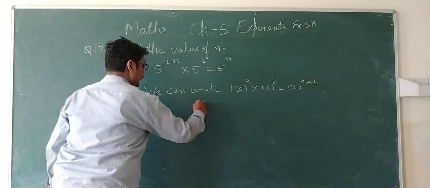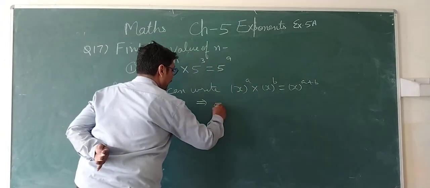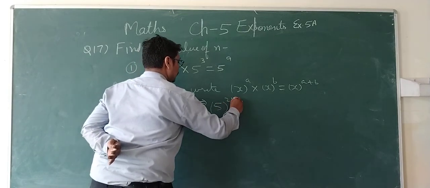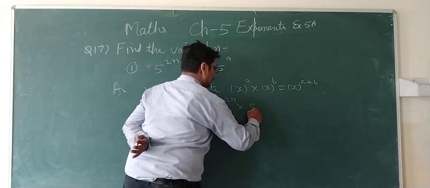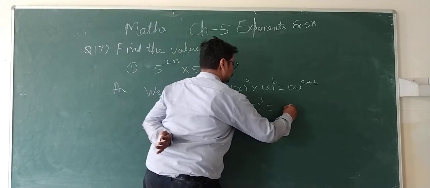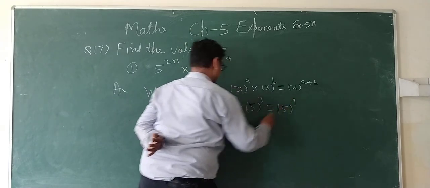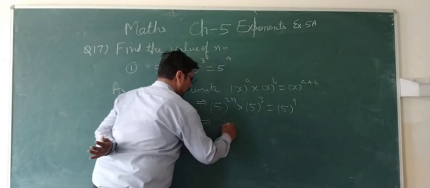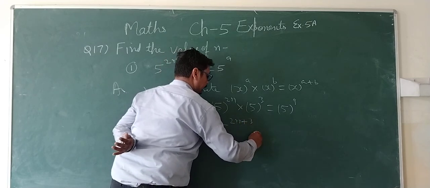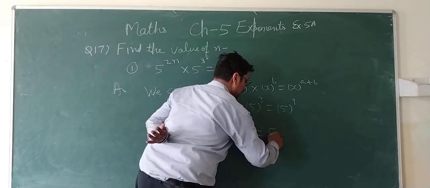So we can write 5^(2n) × 5^3 = 5^9 as 5^(2n+3) which is equal to 5^9.